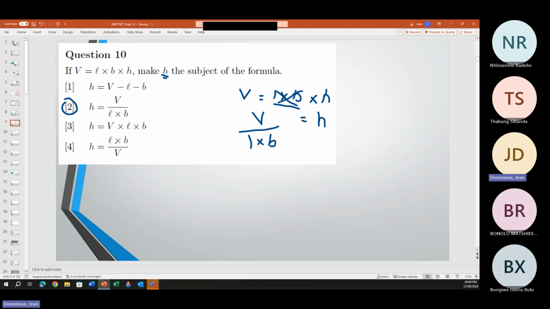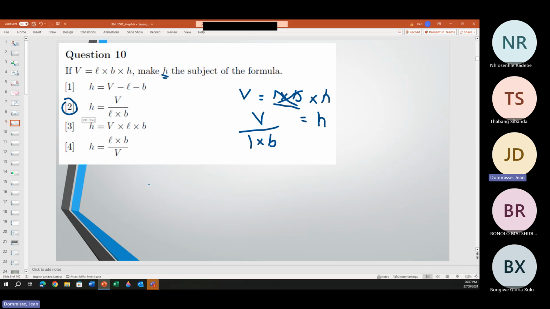And so here you will also see it, but it's swapped around. So just be very careful because it might be that you see L times H with V and you want to pick it, but just be very careful that option 4 basically is the inverse. Okay, so that is how in this one we change the subject of a formula.